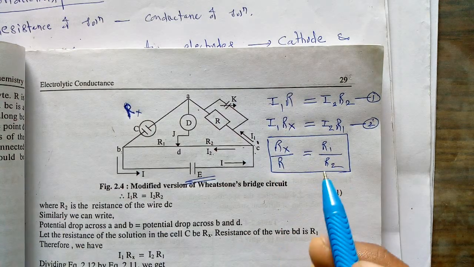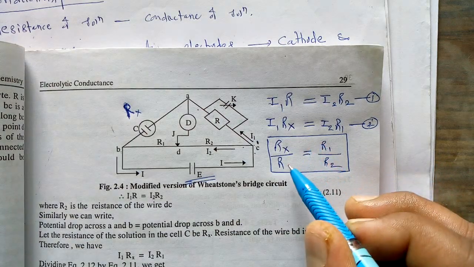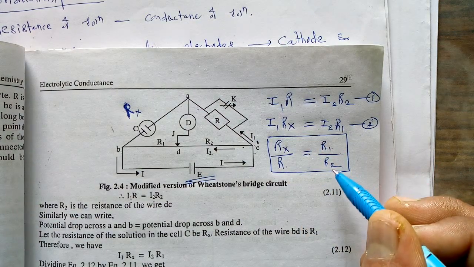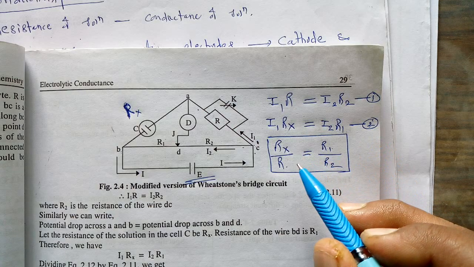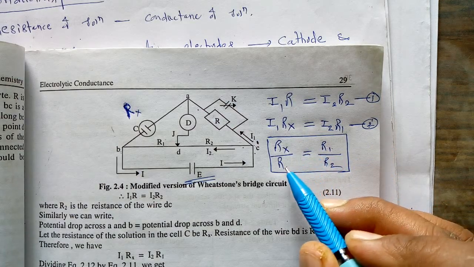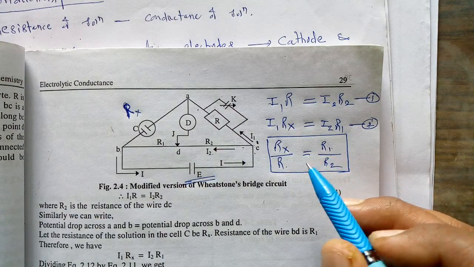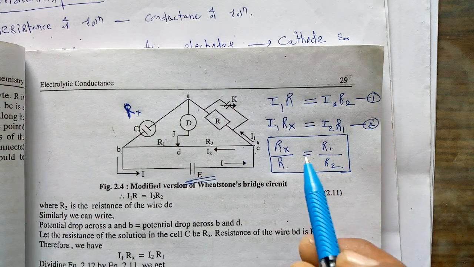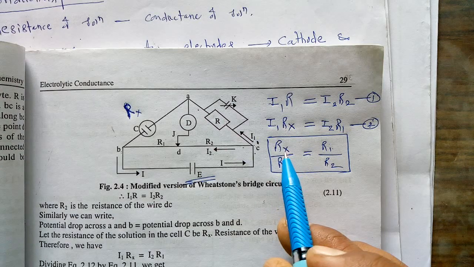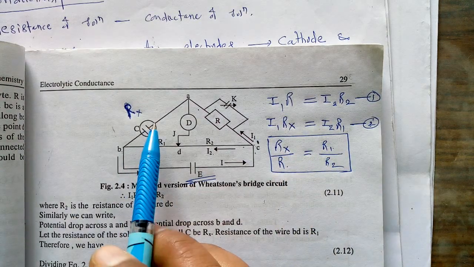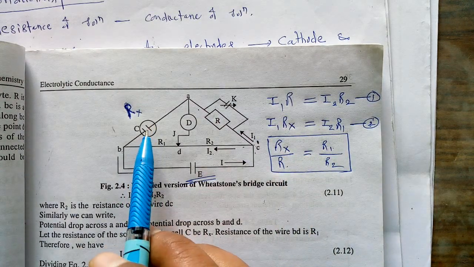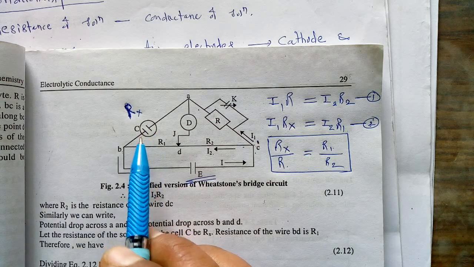Then what do we have to do? Once we know the values of R, R1 and R2, these three different resistances, we may calculate the magnitude of Rx, and that Rx is nothing but the resistance of the solution taken in a conductivity cell.